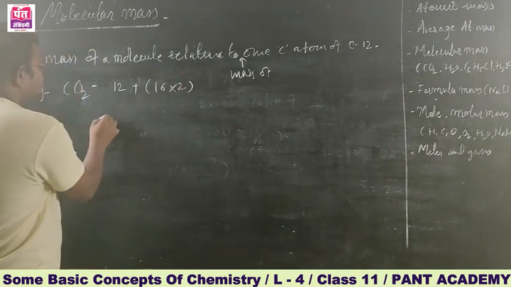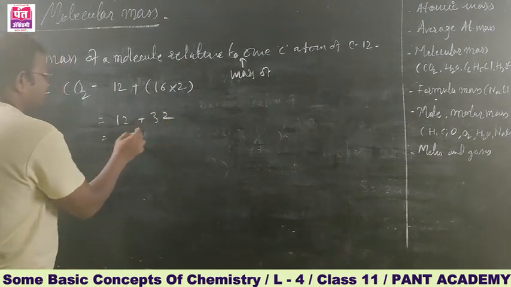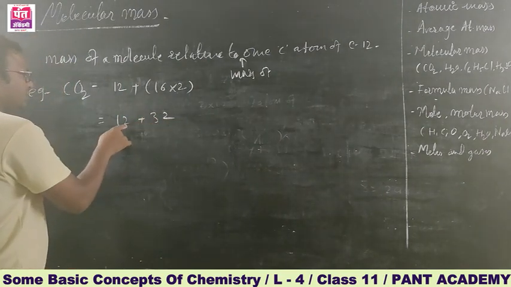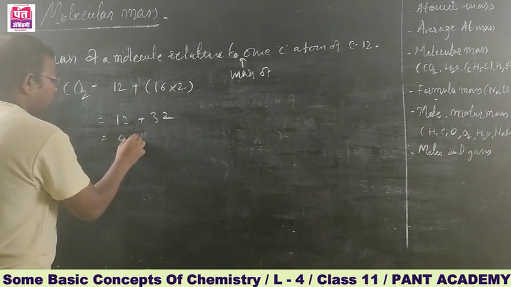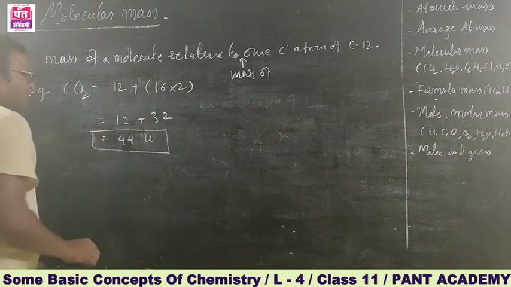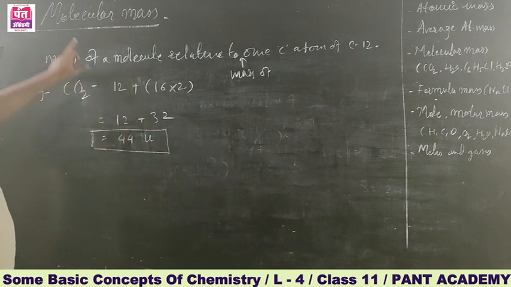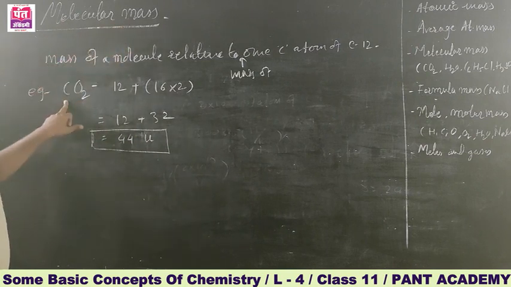So it is 12 plus 32, that is 44 unified unit. 44 u, that is unified unit. That is called molecular mass of CO2.